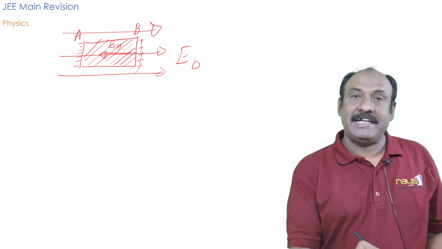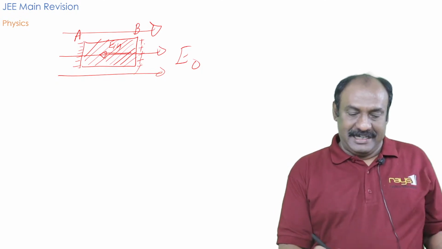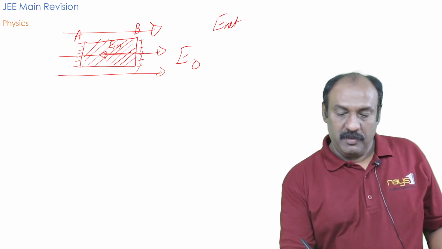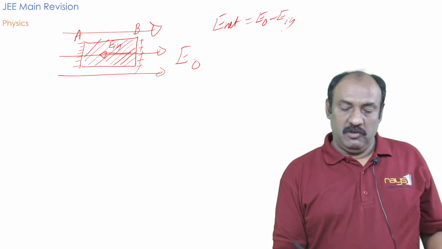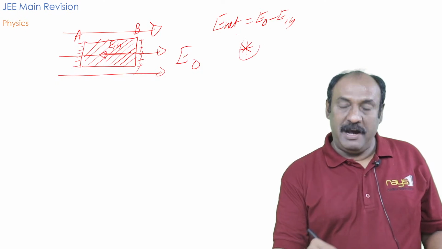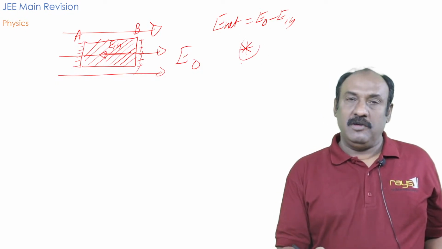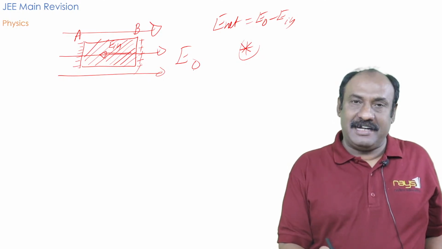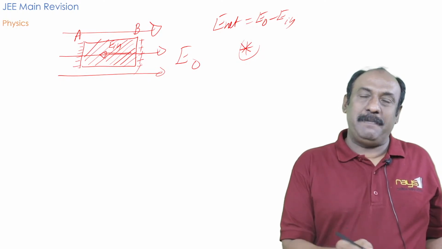So the net electric field between the ends of the rod is E naught minus the induced electric field. Suppose at this point you want to find the electric field intensity, it is due to the external electric field and also due to the induced electric field developed inside the rod.